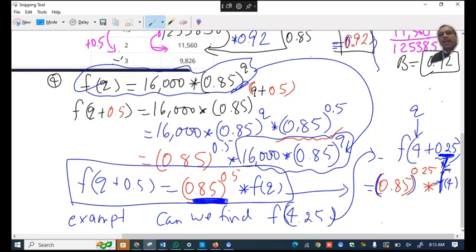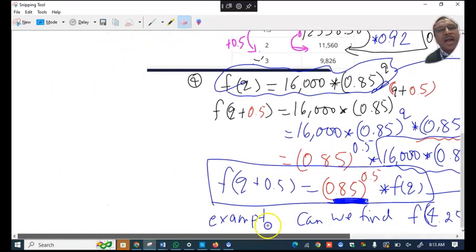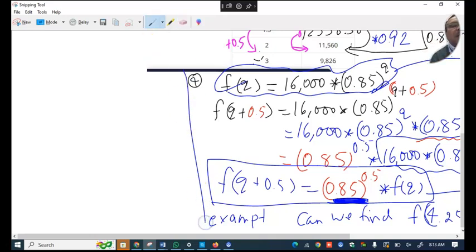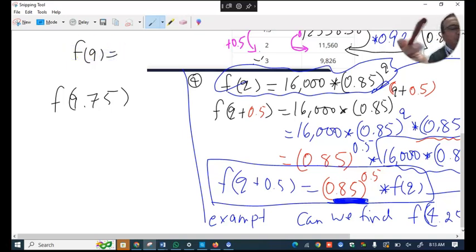I just wanted to show, what if I had to ask you, let's put it like this: if I write f of 9.75, and let's imagine f of 9 is, let's put it just as an example, 2,350.